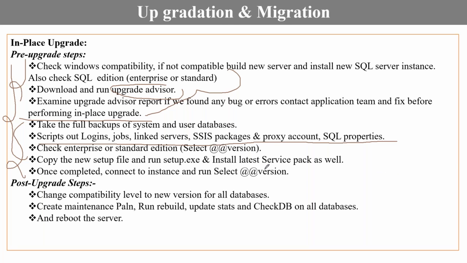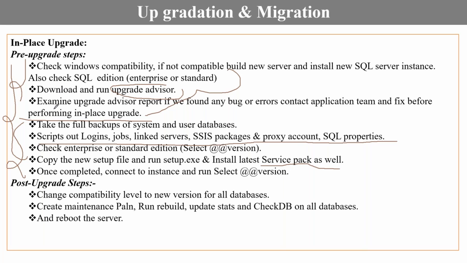Once you upgrade, you also need to apply the latest service pack. Once this is complete, connect to the instance and run select @@version. So once your installation is done, you need to run @@version.